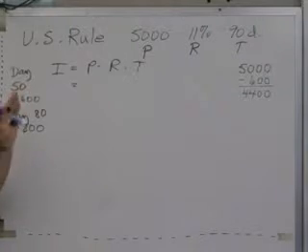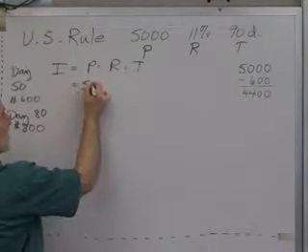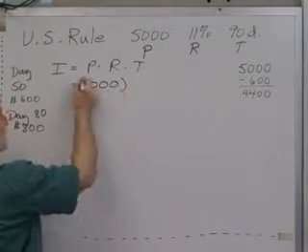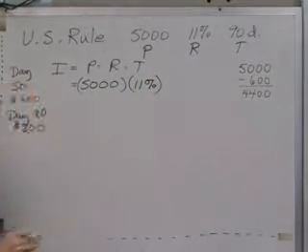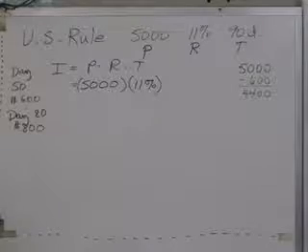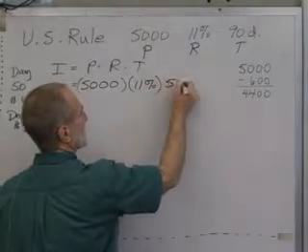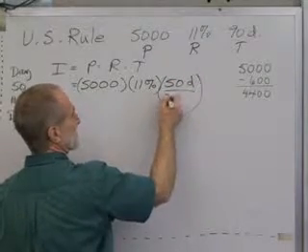Now, how much money has Joe been borrowing since he walked out on the first day of the loan? $5,000. And what rate has he been paying? 11%. And when he walks in to make this partial payment, how long has he had that money? 50 days. Okay? So he owes 50 days. What do we divide by? 360.